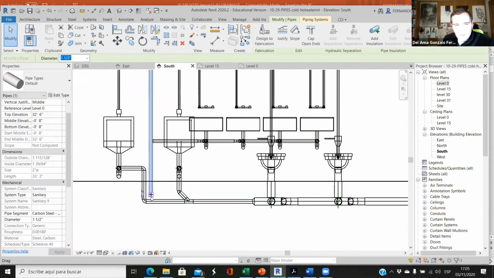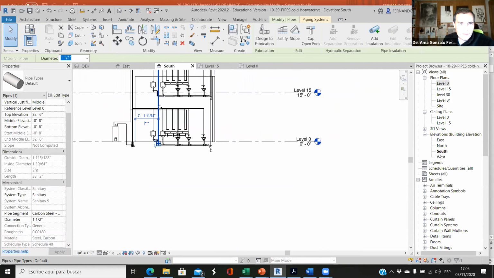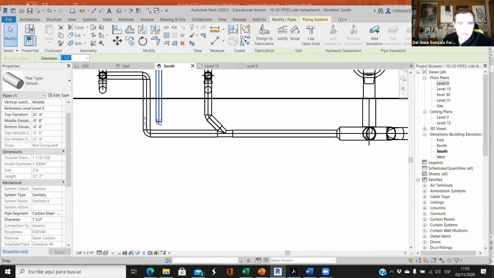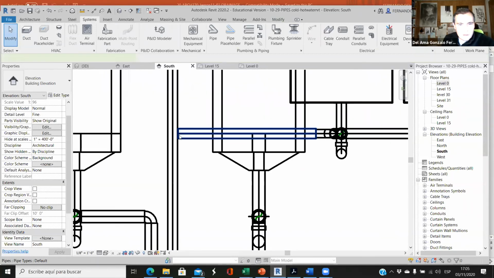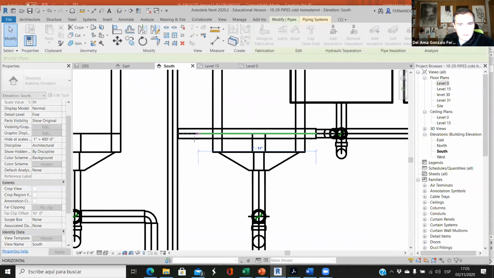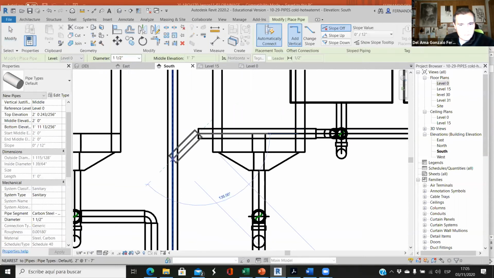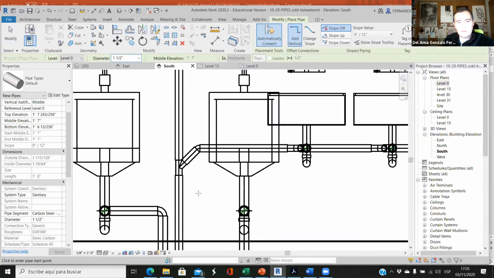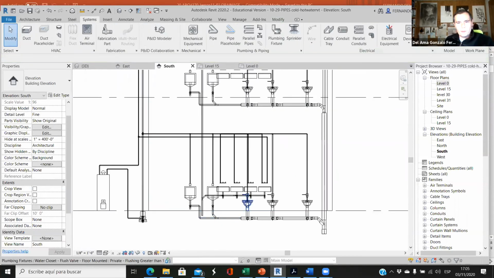Now we have to make sure that everything that comes from this, everything that is gray water, is above the sanitary system. Okay. And we have to connect this with 135. There you go.